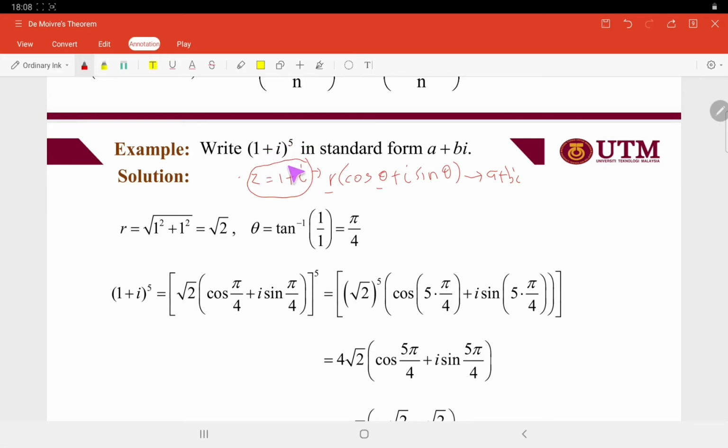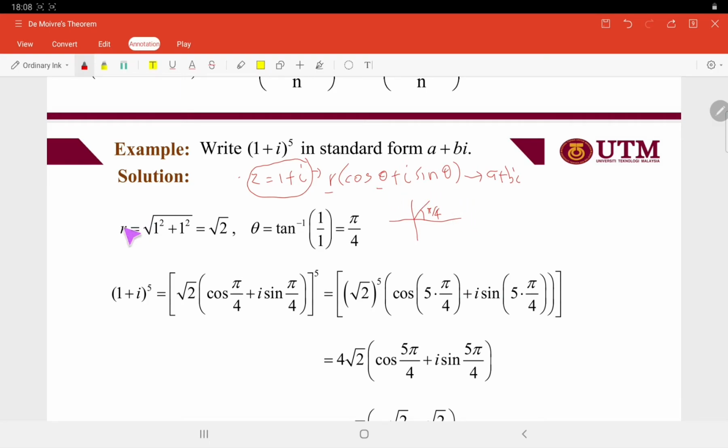So for this case, z equals 1 plus i, so we can get the value of r, which is the square root of 1 squared plus 1 squared, which equals square root of 2. And our theta equals the arctangent of 1 over 1, which equals pi over 4. So 1 plus i is located in the first quadrant, so we choose theta as pi over 4.